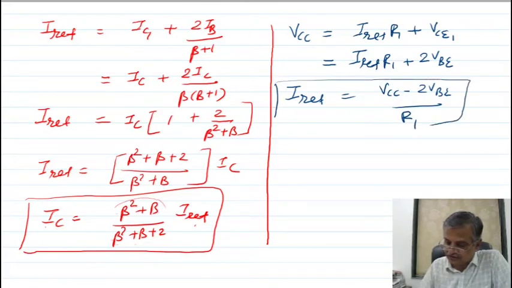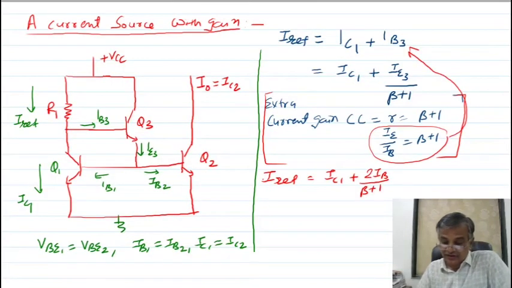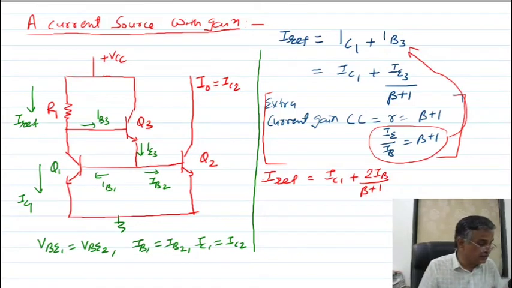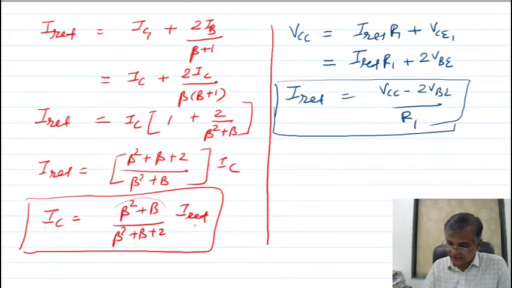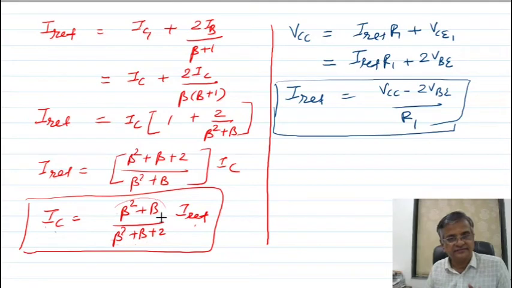This is for which circuit we have discussed? A current source with gain. So this equation shows that IC will be less dependent on the beta.